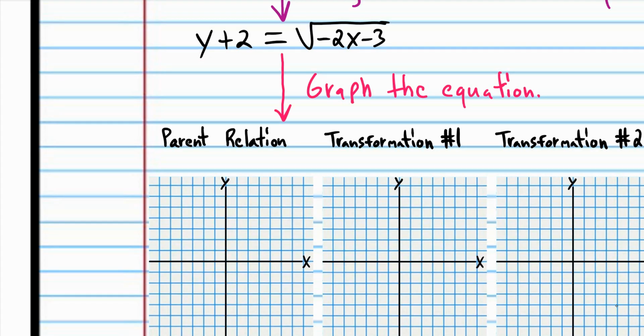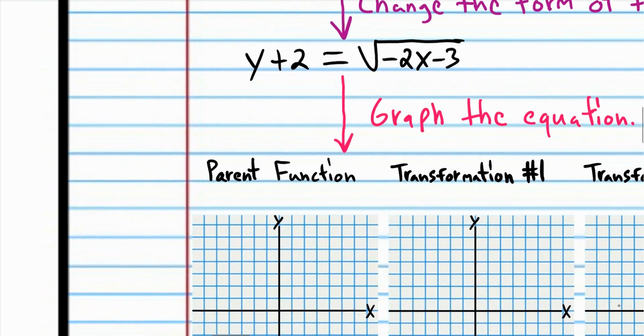So we're going to start with the parent relation, but rather than calling this the parent relation, we're going to erase and call it now the parent function, because we're using functions now. Obviously, this is the square root parent function. Notice that I'm using y instead of f of x.